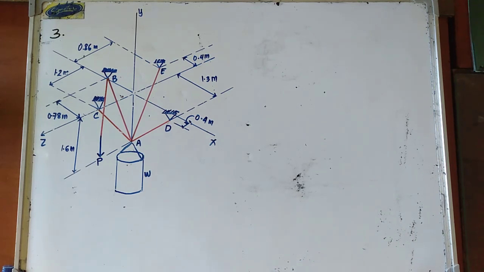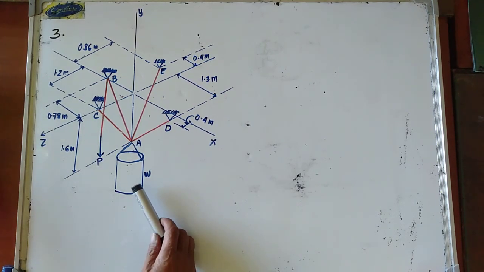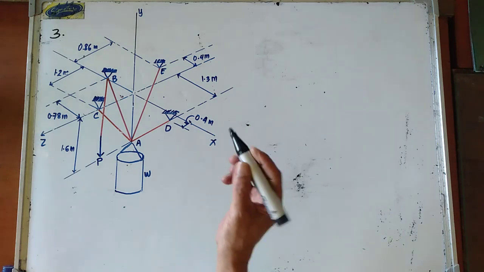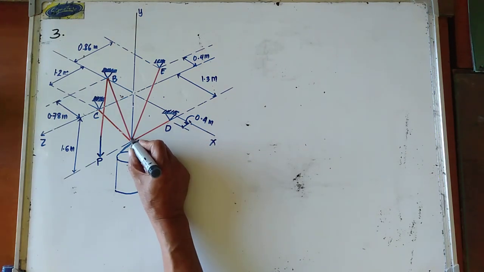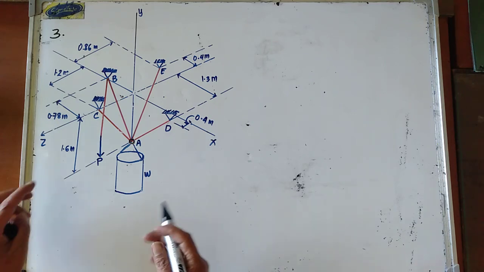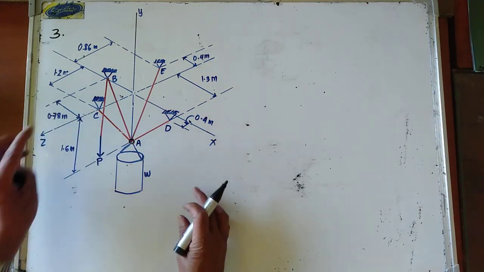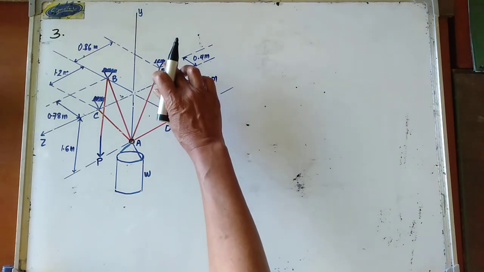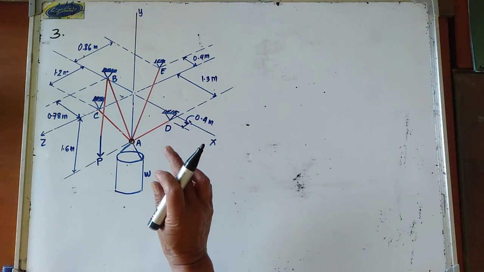Let's proceed to sample number 3. We have a container of weight W suspended from ring A, to which the cables AC and AE are attached.